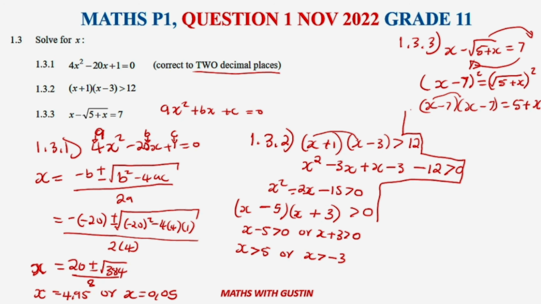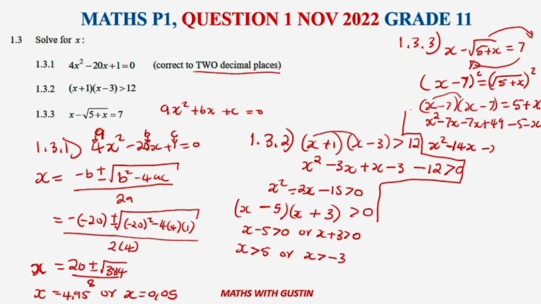Binomial: x times x is x squared, minus 7x, negative 7x, negative 7 times negative 7 gives plus 49. We bring 5 to this side, negative 5, and negative x is equal to 0. Great stuff. Now we need to simplify this. We're going to have x squared minus 14x.